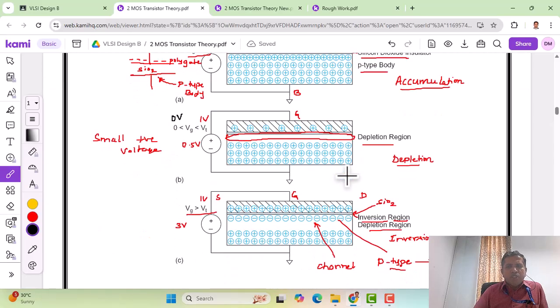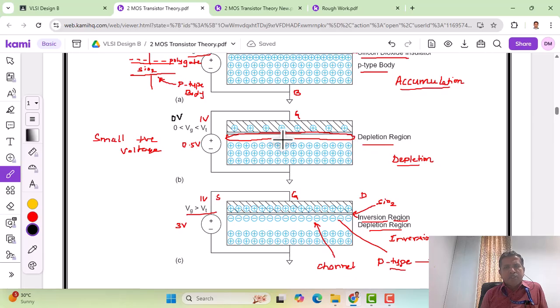The next mode of operation is the depletion mode. To explain the depletion mode, we apply a gate voltage greater than 0 volts but less than the threshold voltage. Typically the threshold voltage is considered as 1 volt. When we apply a voltage within this range, between 0 and 1 volt, the polysilicon gate, the upper plate, has positive charges, and below we can see some changes.